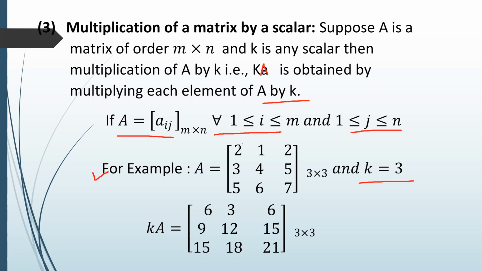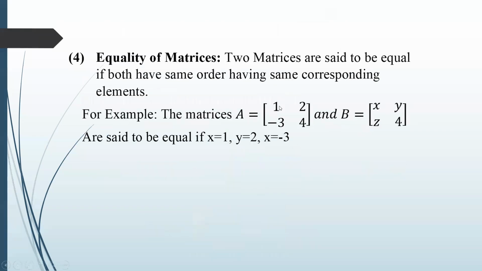So this will come 3 2s are 6, 3 1s are 3, 3 2s are 6, 3 3s are 9, 3 4s are 12, 3 5s are 15, 3 5s are 15, 3 6s are 18 and 3 7s are 21. So is that clear how we can multiply by a scalar on a matrix? So is that clear? So now we go for next.